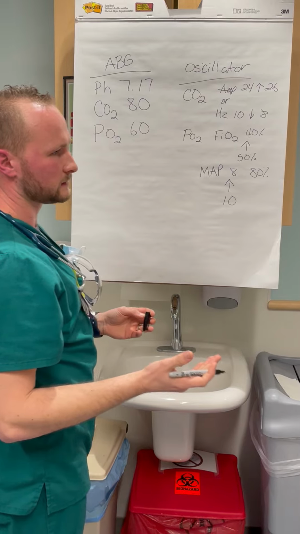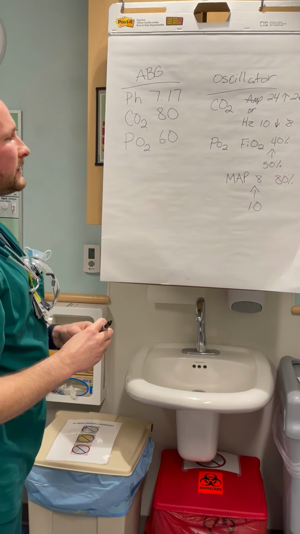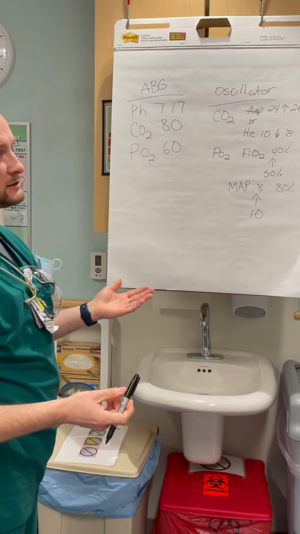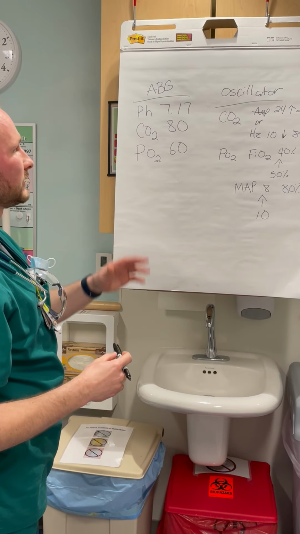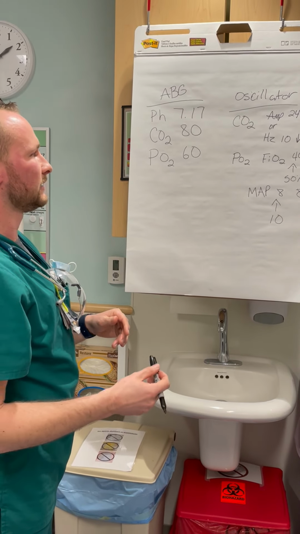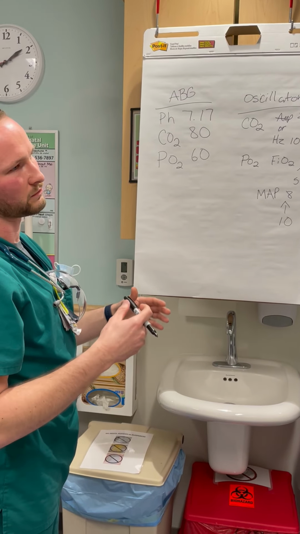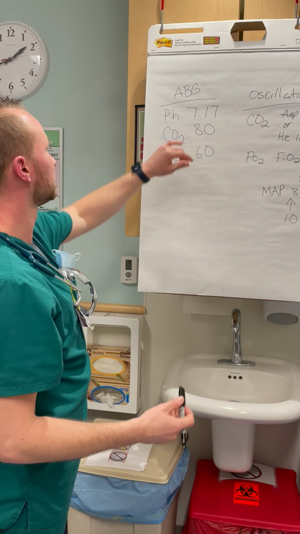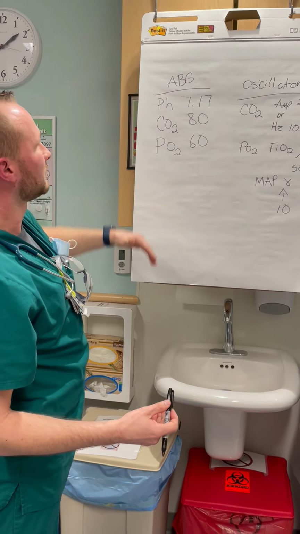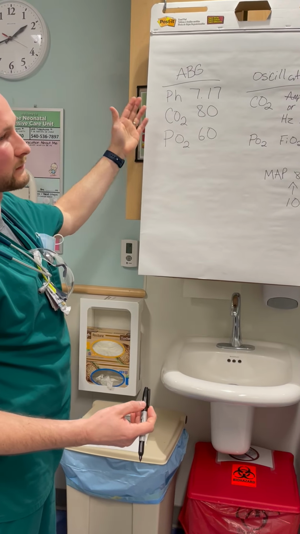The main thing with these babies is they are very resilient, and small changes actually go a long way. So you don't want to start increasing and decreasing a bunch of other settings because you're not going to know what actually had the major effect on your ABGs at the end, and what actually worked for that baby.